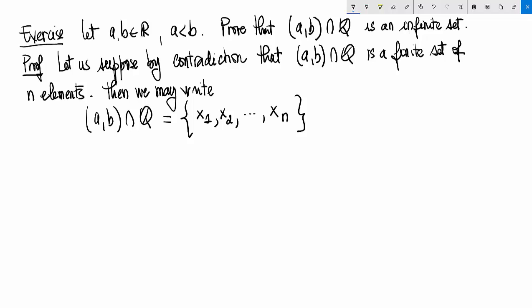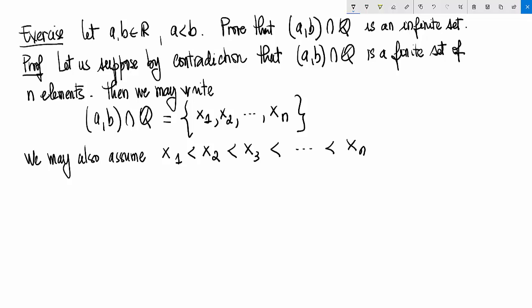And we may also assume that we have ordered the elements in the set such that x1 is less than x2, which is less than x3, and so on, which is less than xn. So x1 is the smallest and xn is the largest.